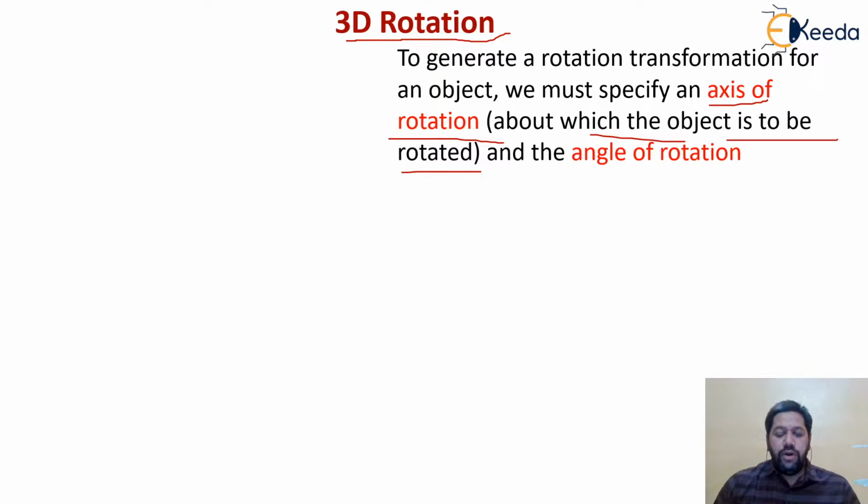The input which is expected is, we should specify the axis of rotation, and then we have to specify the angle of rotation. Okay, I want to rotate by 90 degree, 180 degree, 45 degree, and along with that I have to give also the axis of rotation. So I want to rotate about x-axis, I want to rotate about the y-axis, I want to rotate about z-axis, and so on. Okay, so these are the two inputs that we need to give.